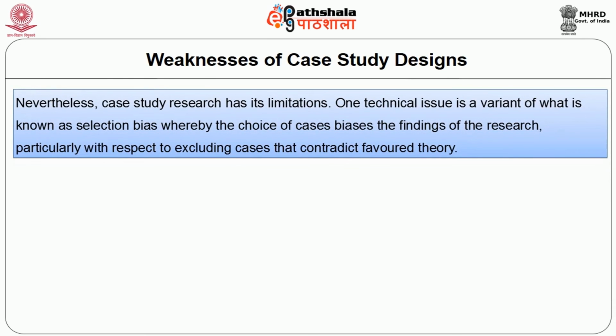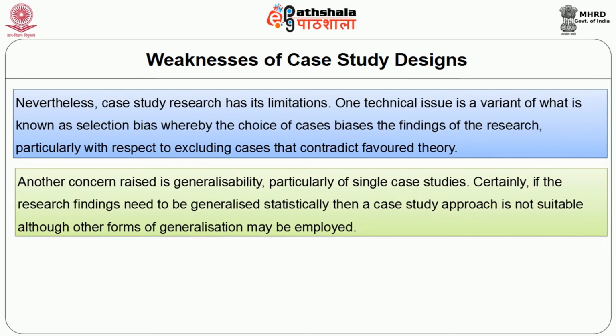Nevertheless, case study research has its limitations. One technical issue is a variant of what is known as selection bias, whereby the choice of cases biases the findings of the research, particularly with respect to excluding cases that contradict favored theory. Another concern raised is generalizability, particularly of single case studies.